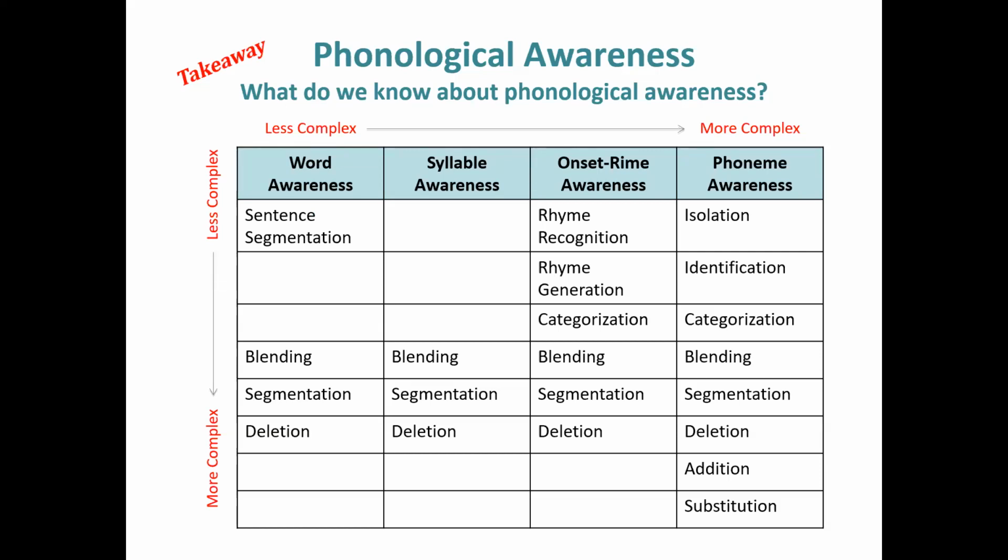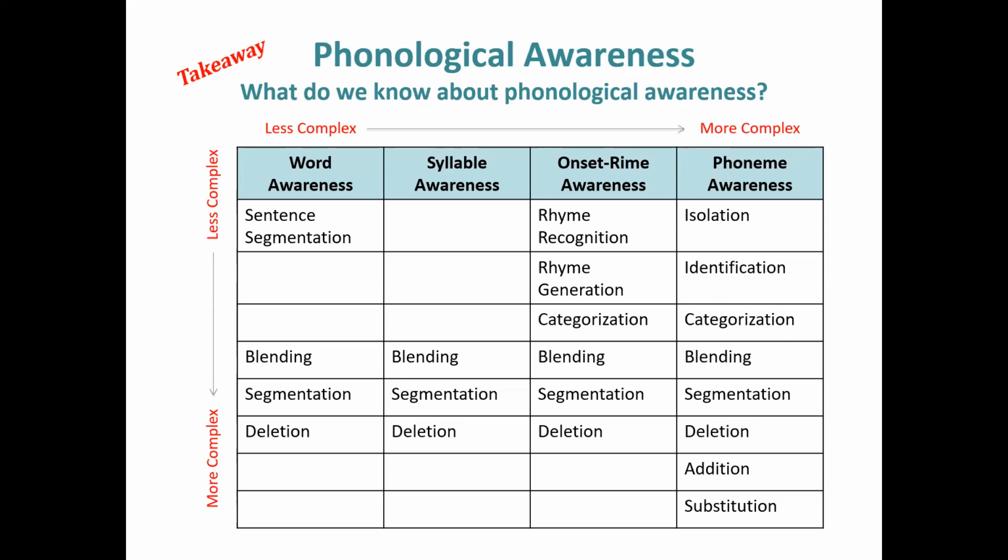Phonological awareness instruction should be systematic. Remember when we were talking about structured literacy? The arrow across the top shows that the categories become more complex as students progress from the word level to syllables, to onset and rhyme, and then to phonemes.